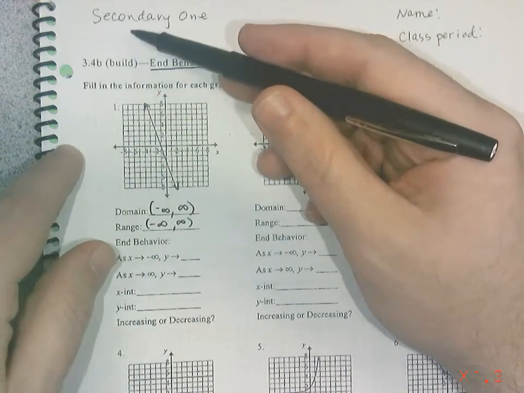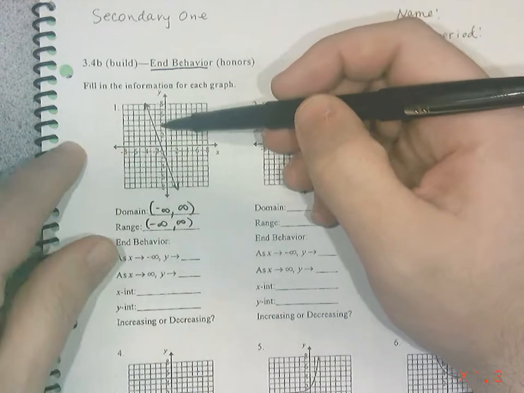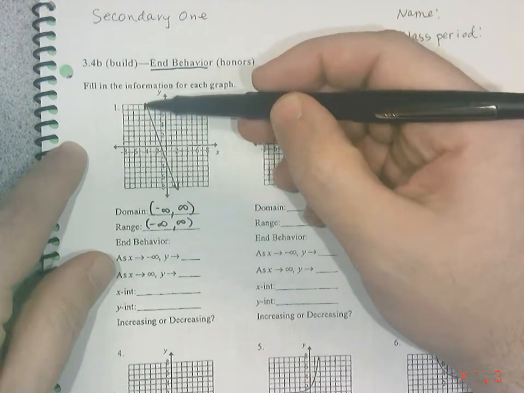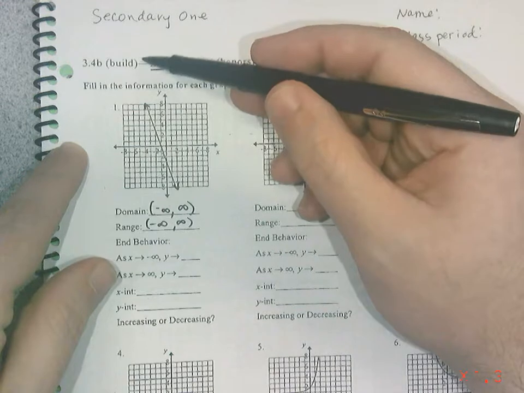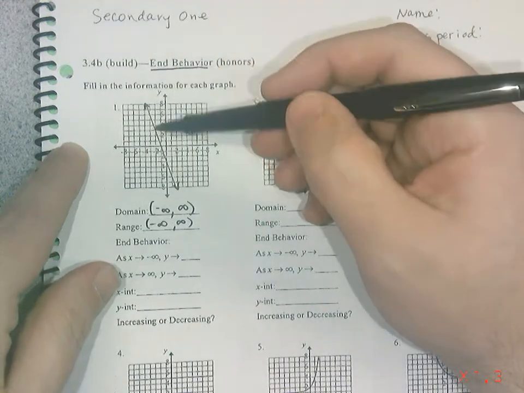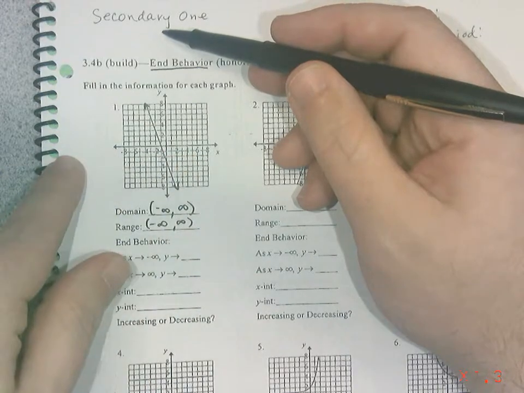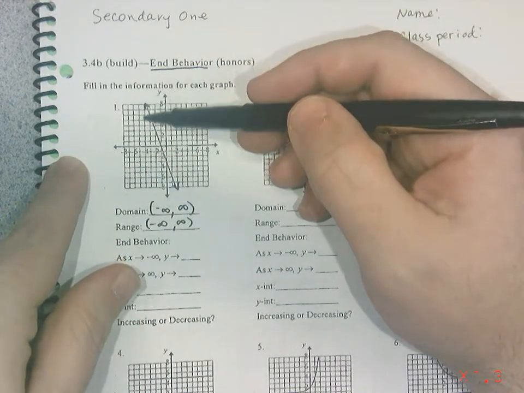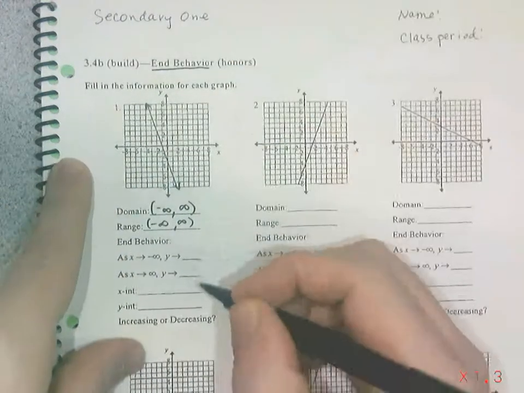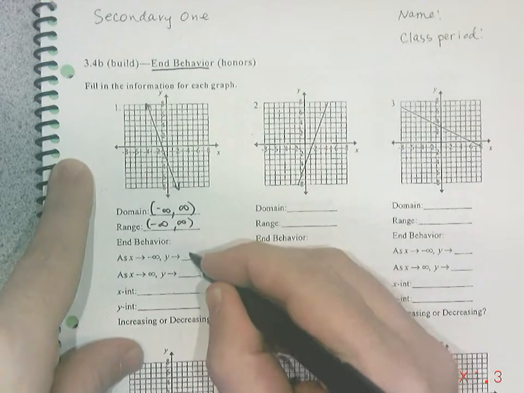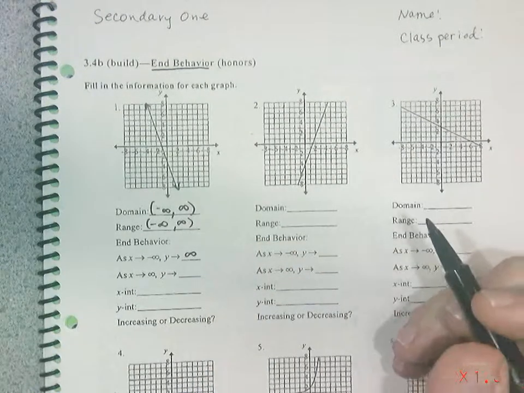Up forever. So as x goes to negative infinity, what's happening to our y value? Our y value is going up. And if x is going to negative infinity forever, y is going up forever, so y would be going to positive infinity.